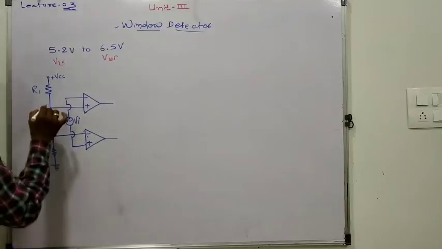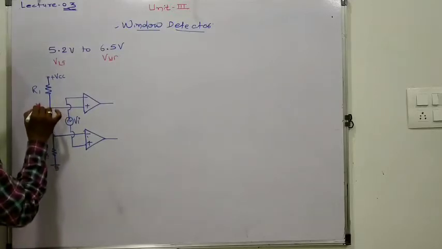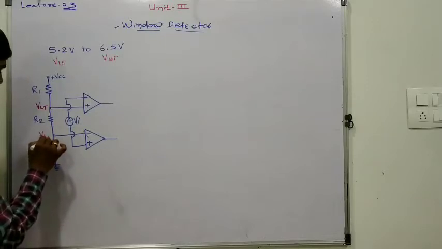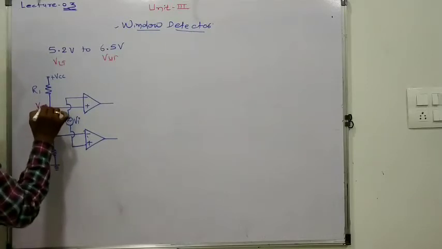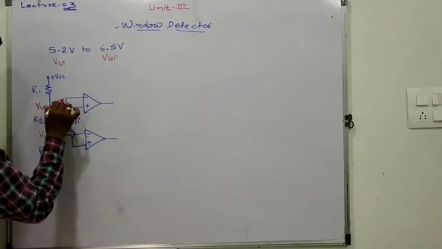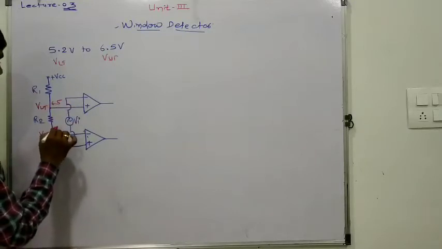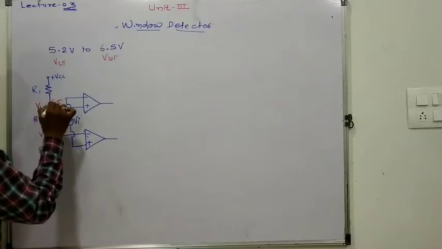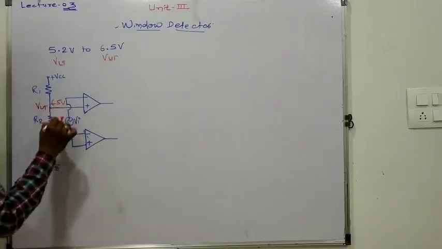Now this point will act as the upper threshold, VUT, and this will be VLT, or we can say this voltage is nothing but 6.5 volt, and this voltage is nothing but 5.2 volt. This is 6.5 and this is 5.2 volt.